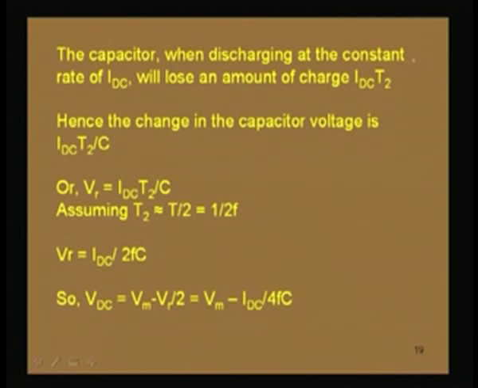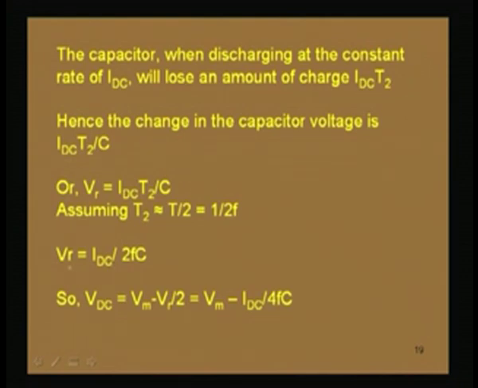A change in the voltage is what? Change in the voltage is nothing but the ripple voltage VR. So, VR is equal to IDC into T2 by capital C, again assuming the same thing, that is T2 almost equal to capital T by 2 or 1 by 2f, then we can write down ripple voltage equal to IDC divided by 2fC, replacing T2 by capital T by 2, which is equal to 1 by 2f.